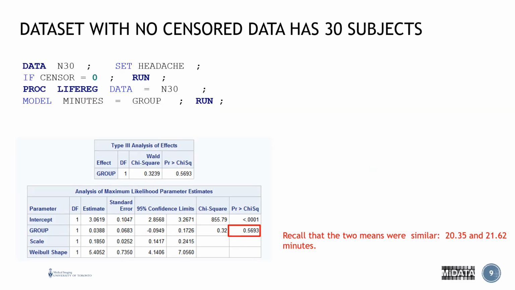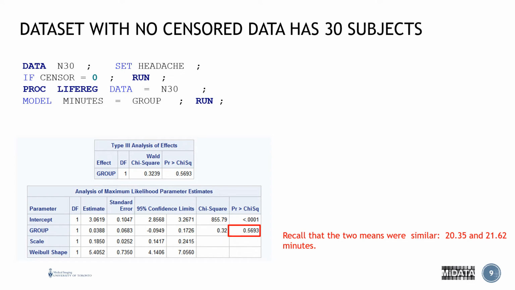So when we use all of the subjects, we get a significant difference in mean time between the two groups. But what if we did not want to consider those subjects who were censored?